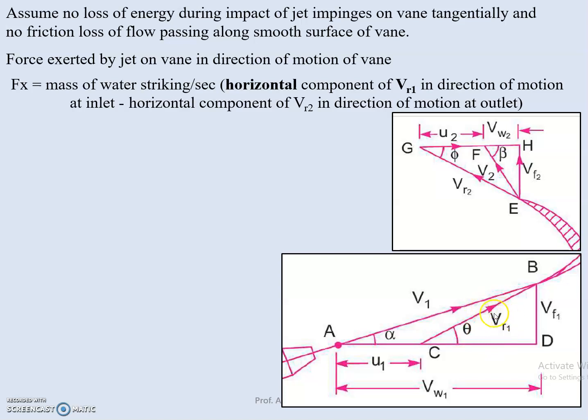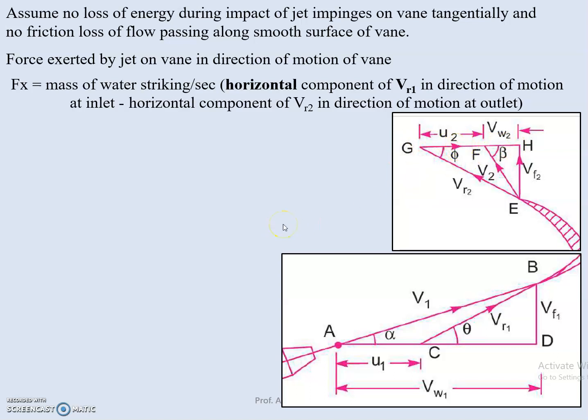The horizontal component of Vr1 is Vr1 into cos theta. Similarly, minus the horizontal component of Vr2 in the direction of motion at outlet, which we get in the backward direction as Vr2 cos phi.